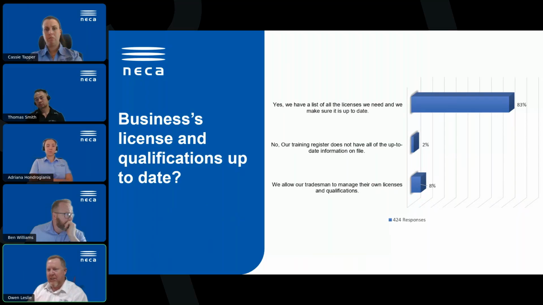One of the questions is in regards to business and license qualifications and whether they're up to date. And this is nice to see, 83% of the responses list all the licenses we need and make sure they're up to date. 2% said that training registers did not have all up-to-date information on file, and 8% allow the tradesmen to manage their own license and qualifications, as in there's no management in-house at all, from those 424 responses.